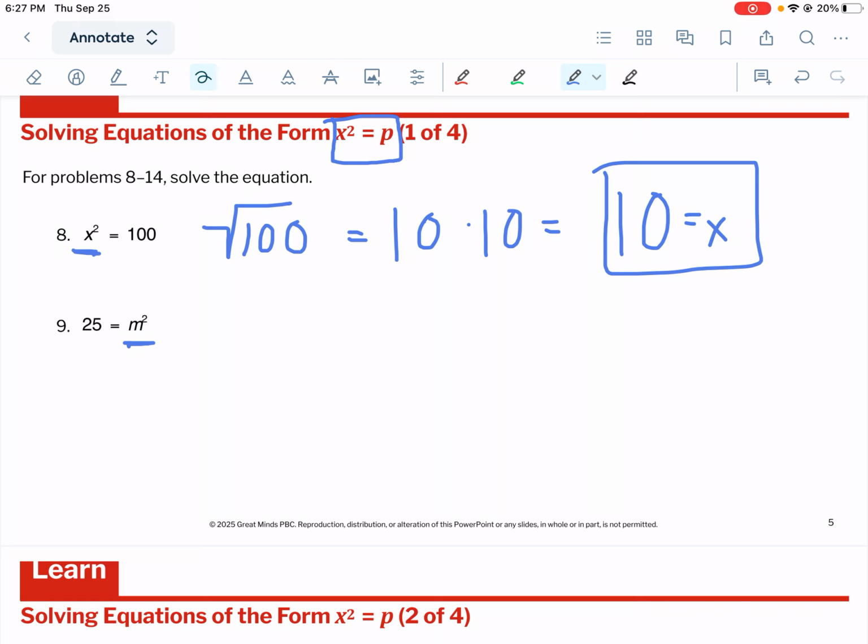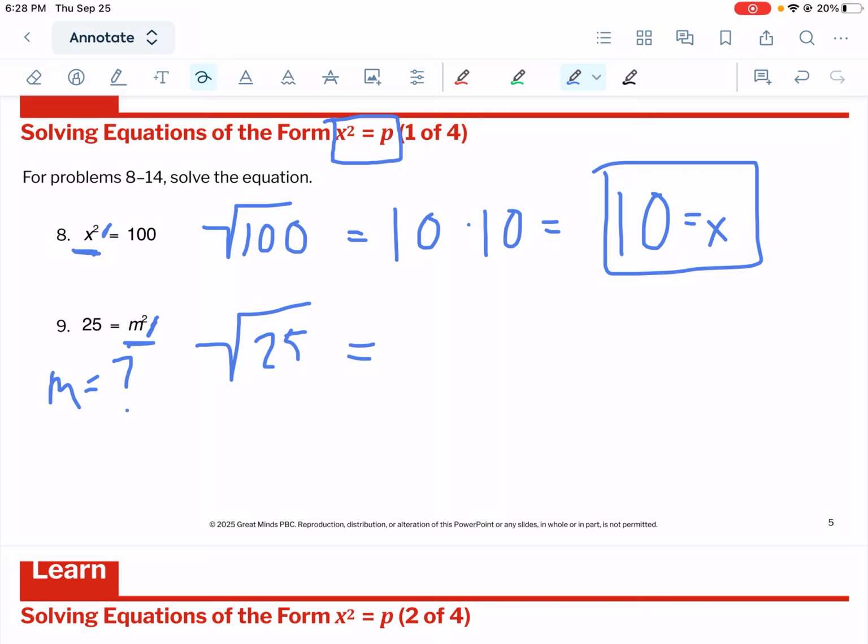Not 10 squared, just x equals 10. The reason being is because the square value is already in the equation, so we don't need to rewrite it. Just 10. Same thing here for number 9. All they did was write it backwards. It has 25 equals m squared. We need to know what is the value of m. So we're going to square root, just because this square value is there.